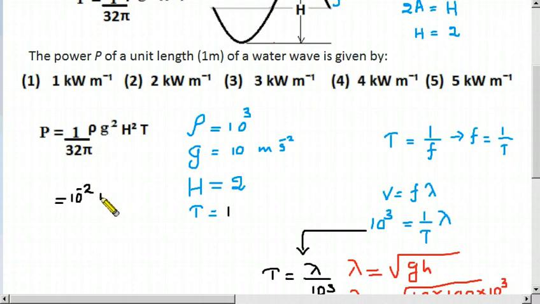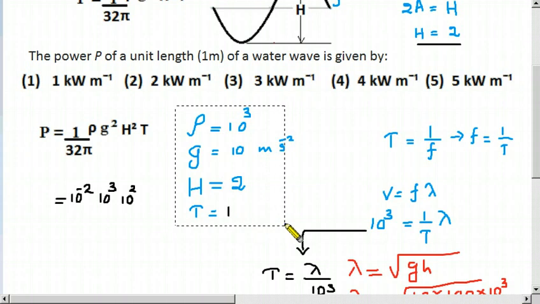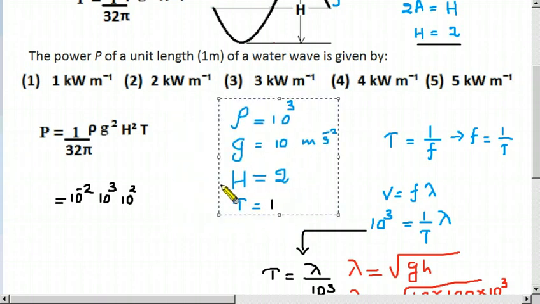Then rho is 10 power 3. g, you know, is 10, so 10 power 1. Capital H we have now calculated already. It is 2 meter.